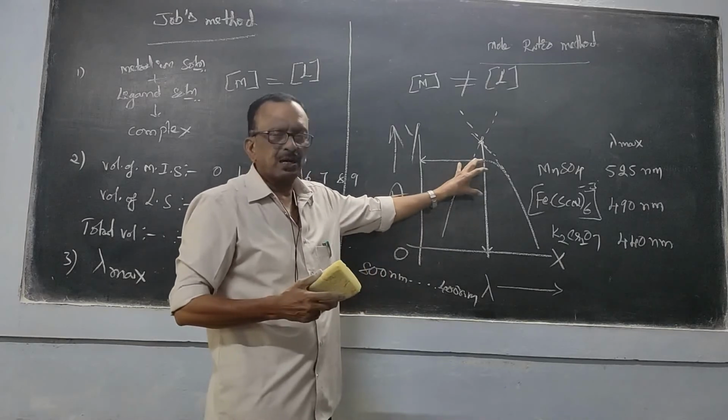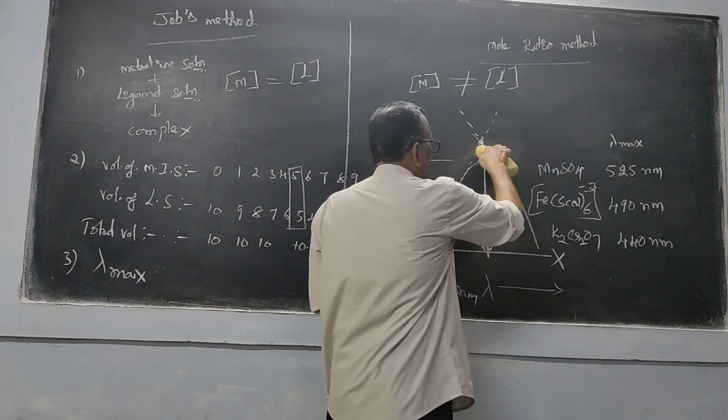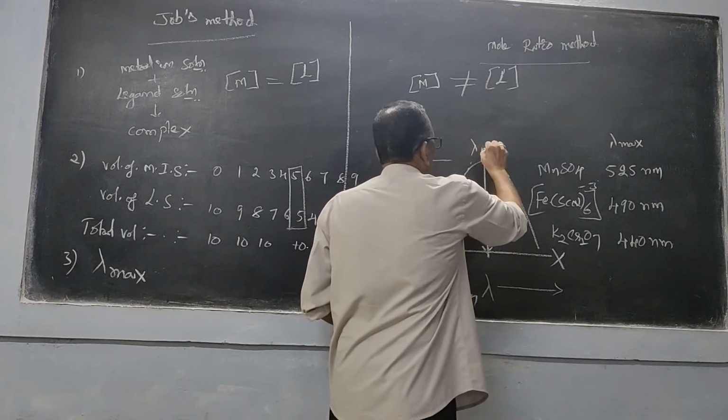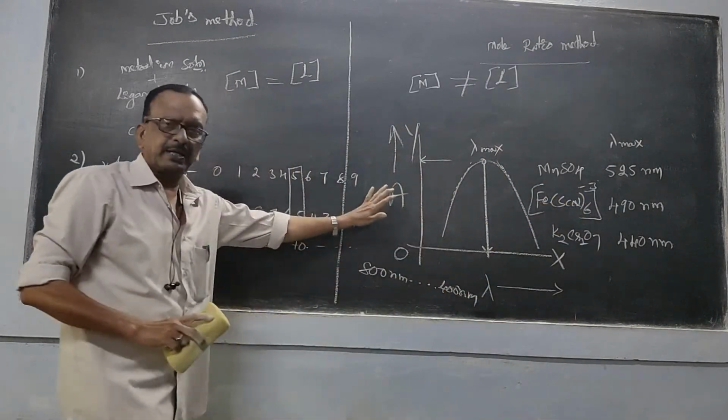Then we get this graph. From this graph, we have to find this peak. This peak is lambda max, so it is a fixed value.